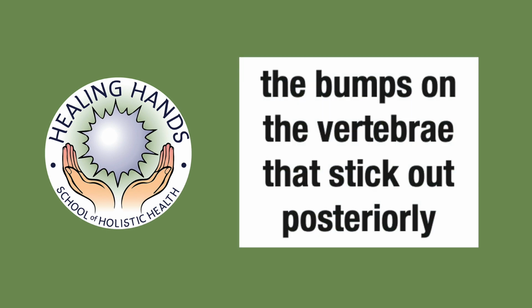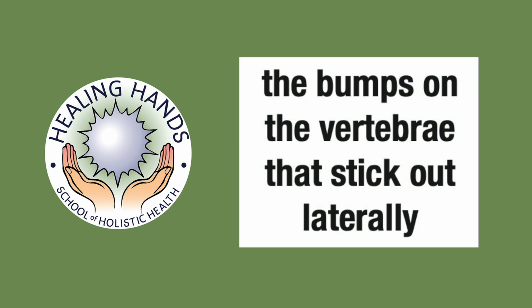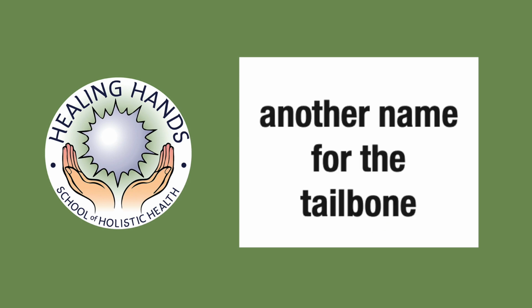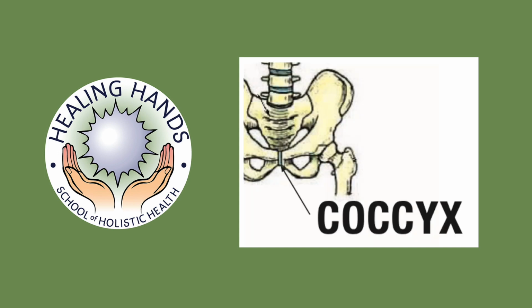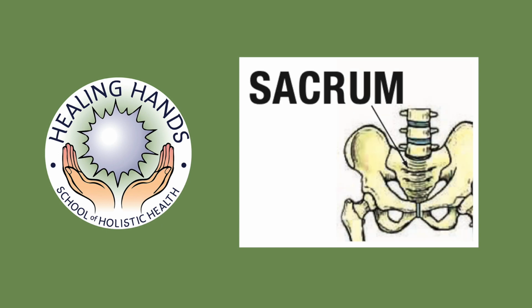The bumps on the vertebrae that stick out posteriorly are the spinous process. The bumps on the vertebrae that stick out laterally are the transverse process. Another name for the tailbone is the coccyx, and the bone superior to the coccyx is the sacrum.